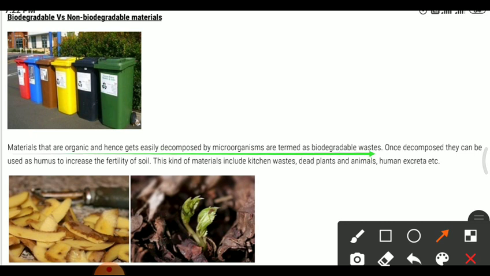Once decomposed, they can be used as humus to increase the fertility of soil. This kind of materials include kitchen wastes, dead plants and animals, human excreta, etc. In the picture you can also see vegetable peels, etc. They are biodegradable wastes.